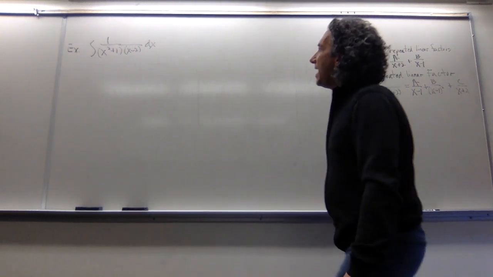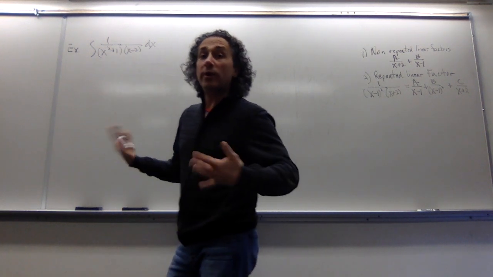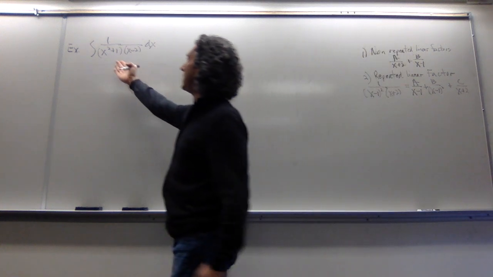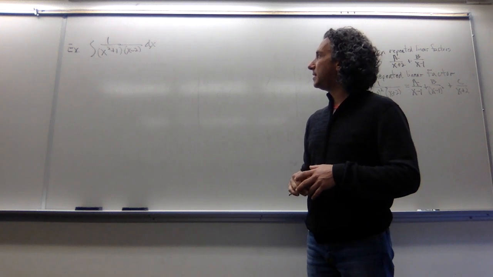And what this has is a non-repeated quadratic, or irreducible quadratic, factor on the bottom. In other words, I can't factor x squared plus 1 into x plus something times x plus something else.